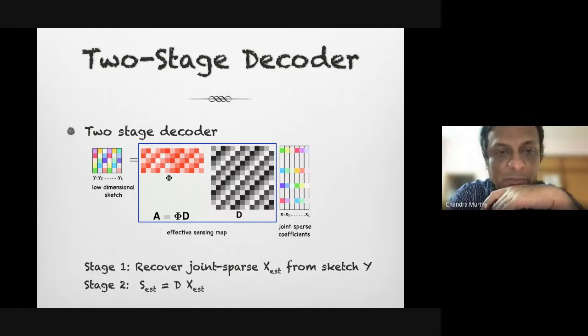But if you do exploit this extra structure, MSBL can give you far better performance than simultaneous orthogonal matching pursuit. Just like SBL can far outperform orthogonal matching pursuit.